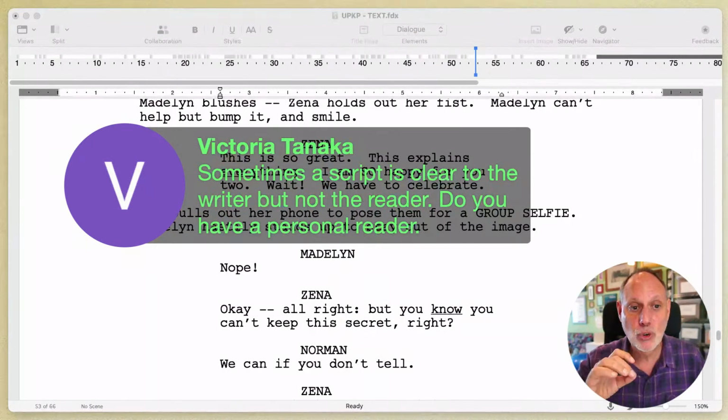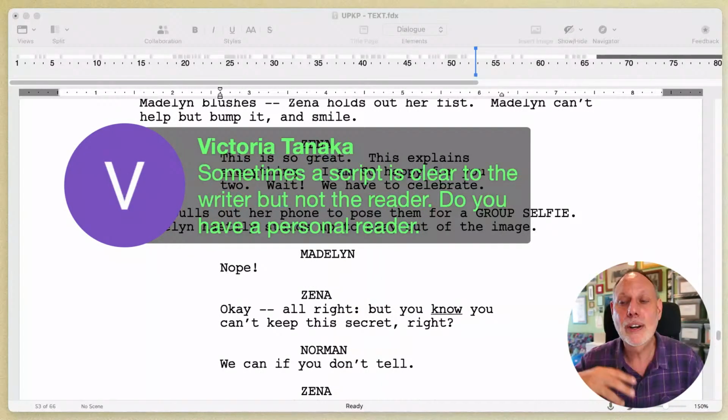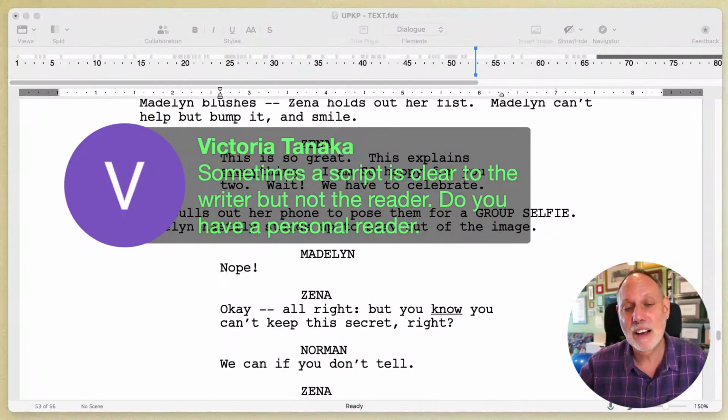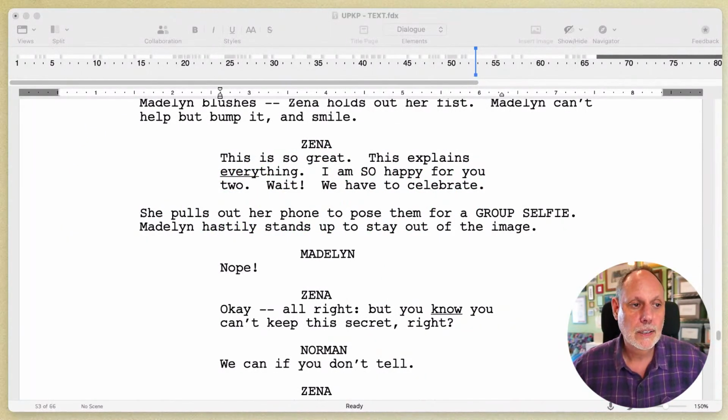But if you get a civilian to read a script and they follow it and they have fun with it, you are golden. That's what you want. So it's not a bad idea to try it out on some people and see if they could follow it. I have a bunch of people that I show it to, and they'll tell me, I like this, I didn't like that.